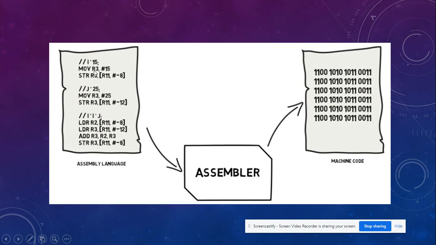You've got move register 1, number 15. You've got all these little codes that tell the assembler how to deal with the machine code. So at the very bottom level, and this is your big takeaway out of this, is machine code. And the assembler works with an assembly language to actually make the code work.